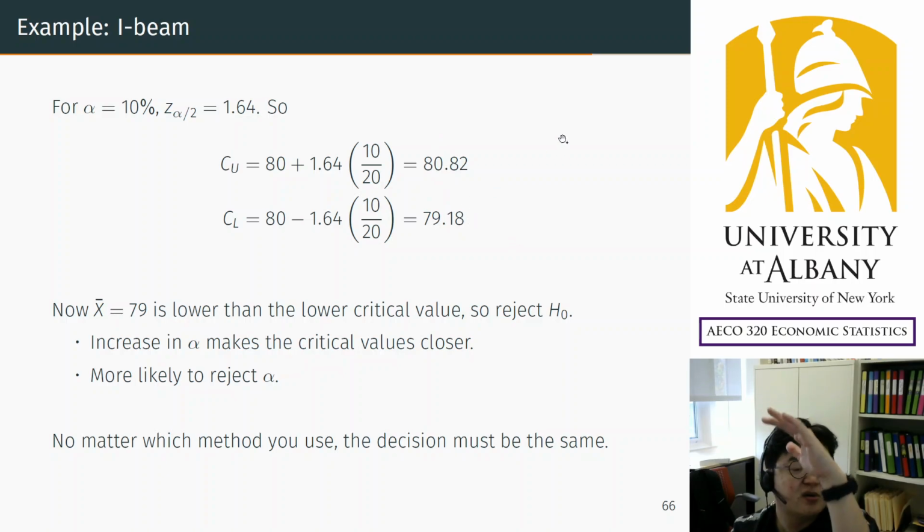So higher significance level is more strict. You are more likely to reject the null hypothesis, and you are more likely to punish the I-beam makers.